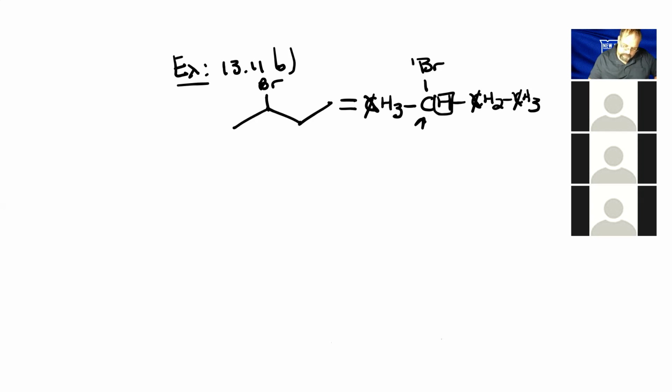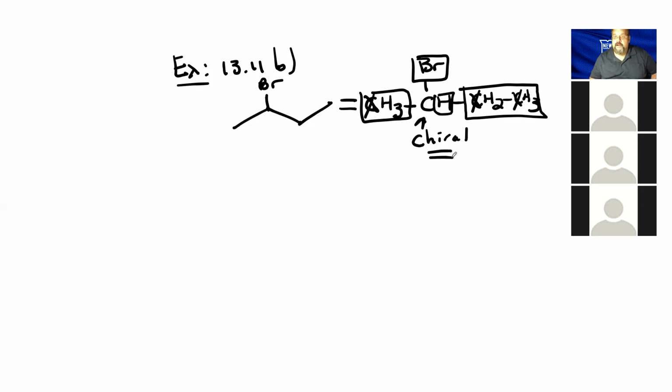Hydrogen, bromine, the CH3 to the left, and the entire right portion, which is CH2CH3. Is that four different atoms or groups of atoms? And the answer is yes. So that carbon right there is chiral.